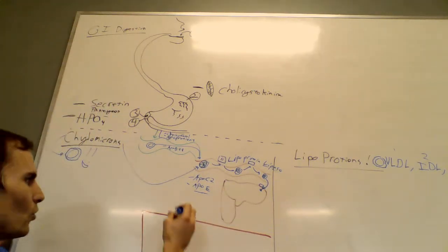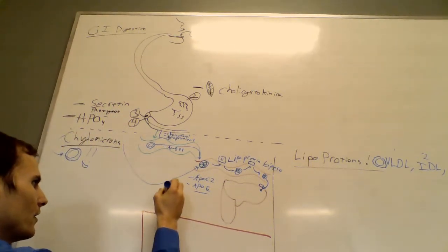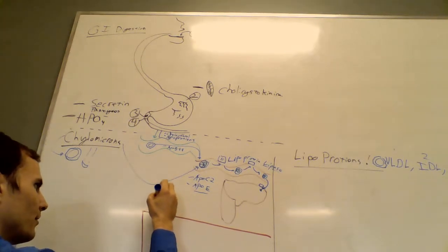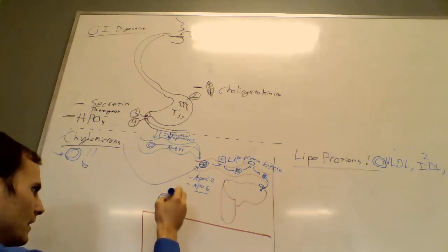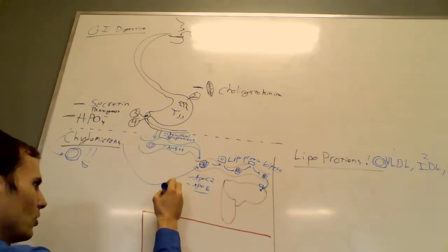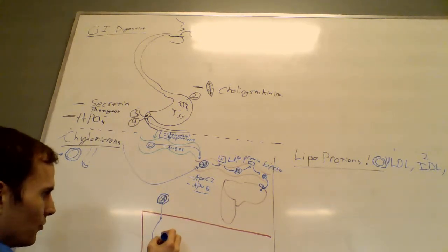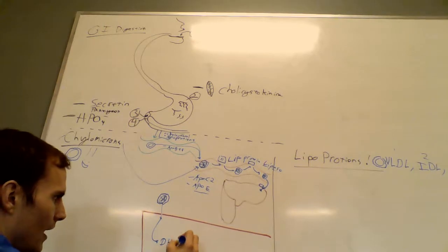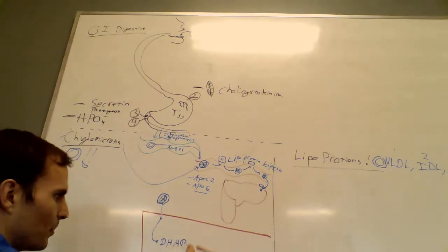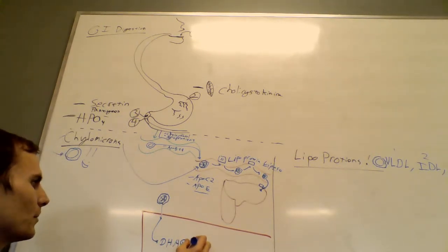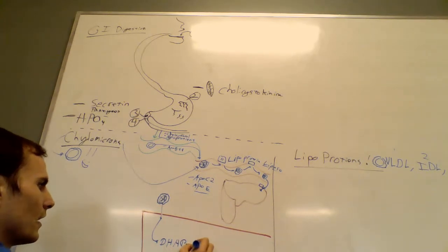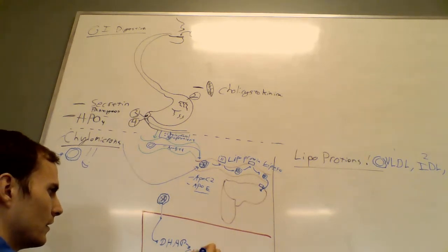So when you have the chylomicron remnant, which is what this is, I'm just going to put an X in it for remnant, because it's almost all gone, all right? Comes in. Some of it goes to dihydroxyacetone phosphate, which is part of the glycolysis pathway, and so it can be utilized for ATP. And I'm just going to put glycolysis.